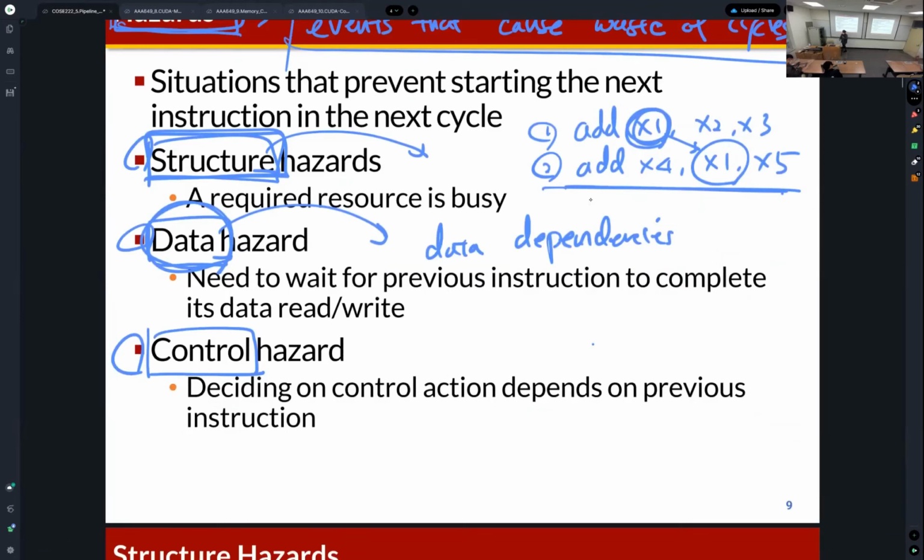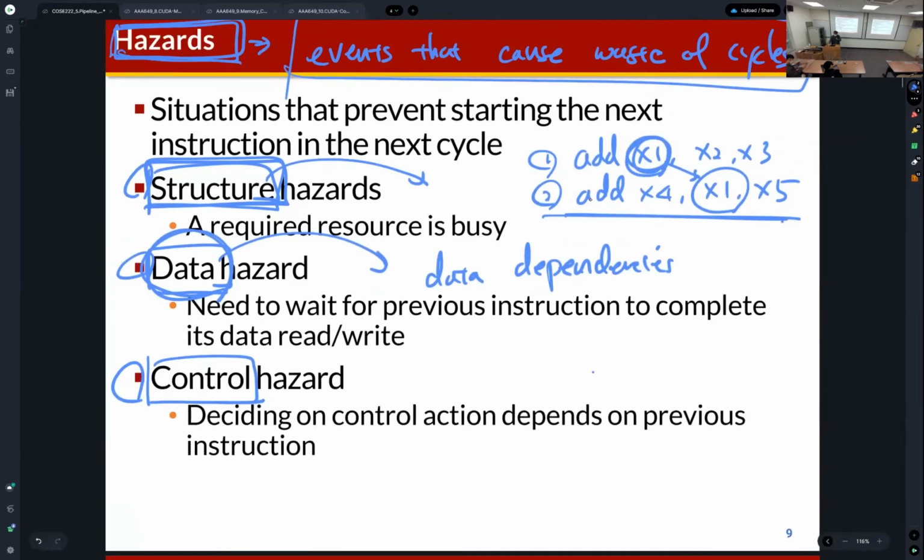So data hazard is caused by data dependencies, and the timing of the write back and the register read between two instructions. Actually, data hazard is very critical for the performance of the computer system, right?